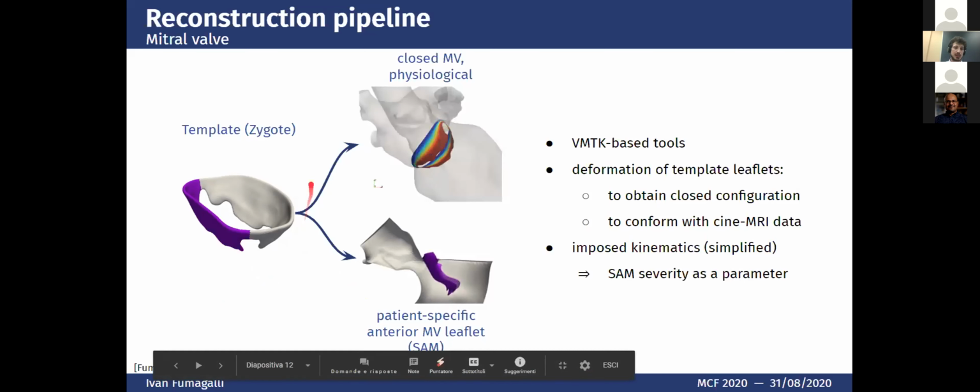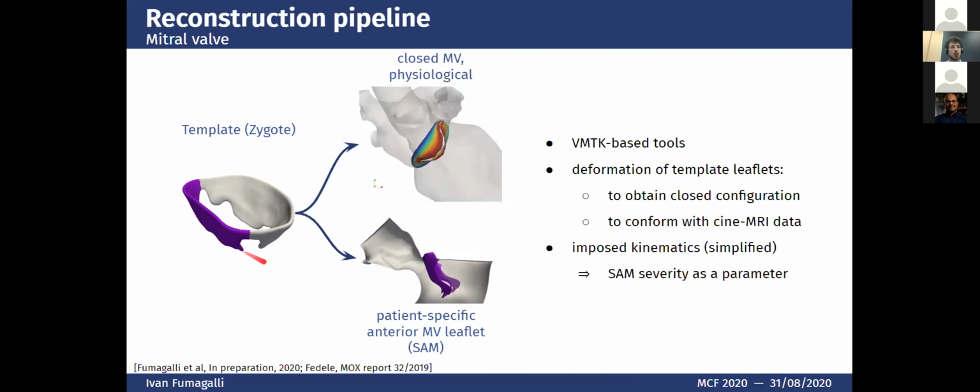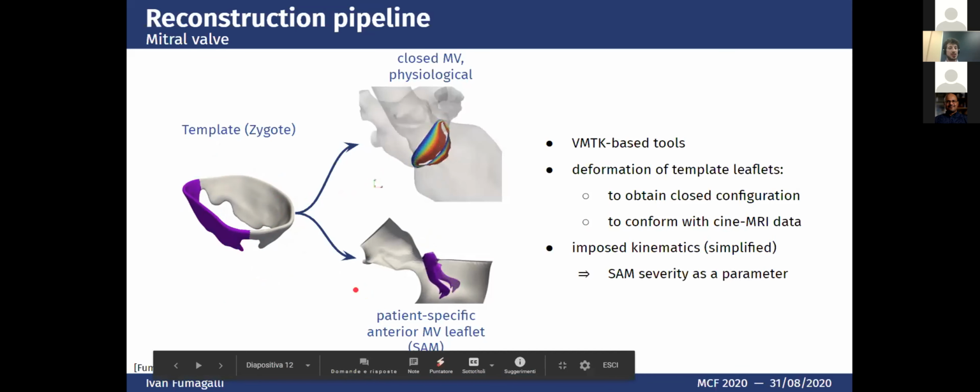And in particular, here we can see how we use, once again, the template geometry of the mitral valve in order to close physiologically the mitral valve on one hand, and also in the patient-specific case, so in the pathological case, to use the MRI data that we developed before to prescribe the motion, the displacement of the anterior mitral leaflet.